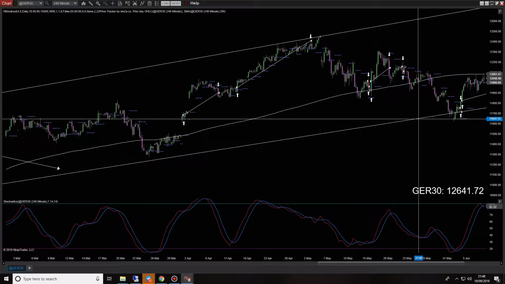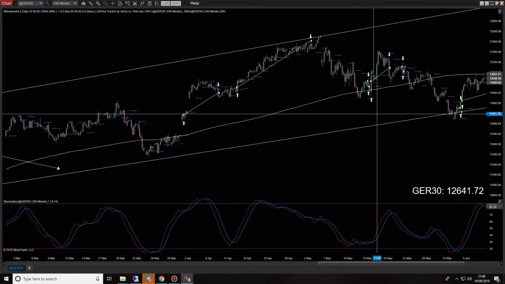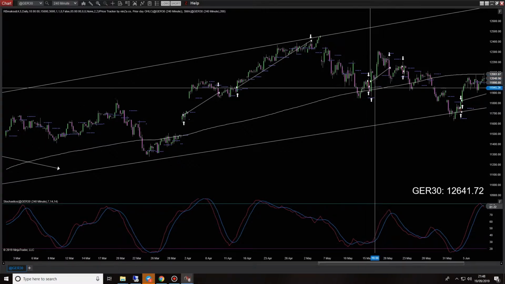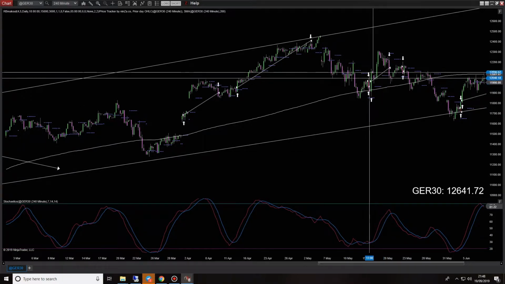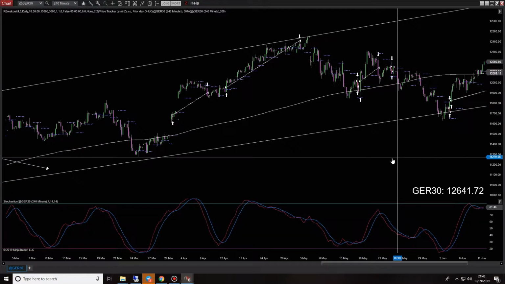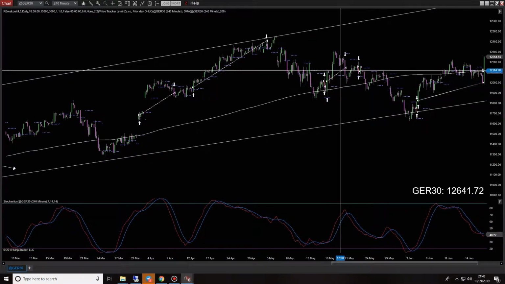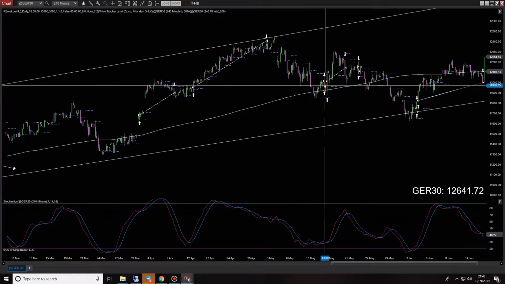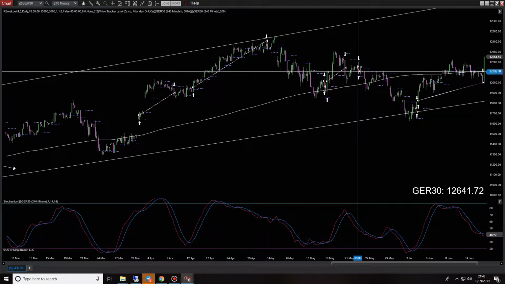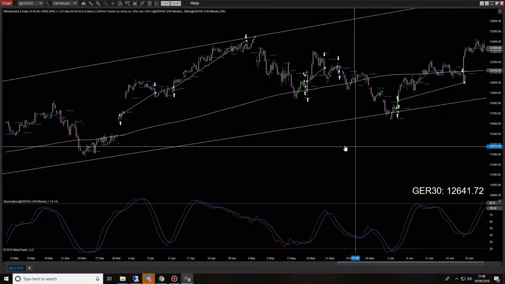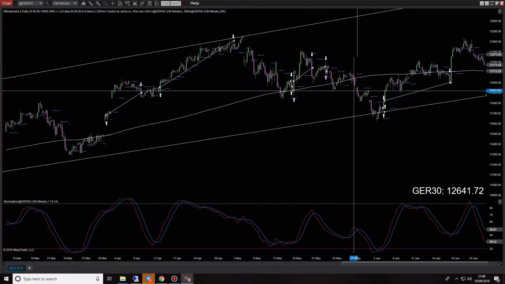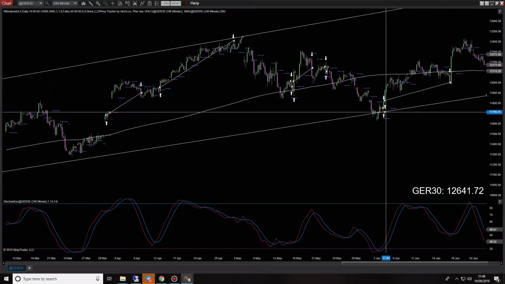Ideally in a trend line environment we'd be looking for a touch of this lower trend line before we go long, but for this example we are using the stochastic and just taking longs where we can. So entered the market again, price pulled back and took us out on trailing stop. Did have a stop out here, had a stop out here, so two longs stopped.